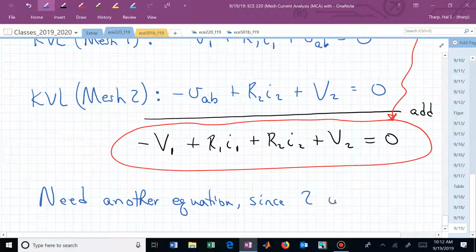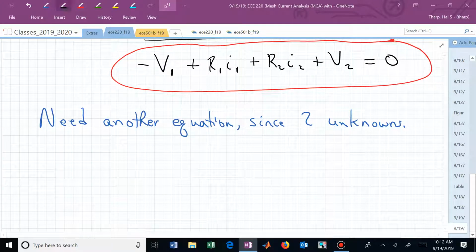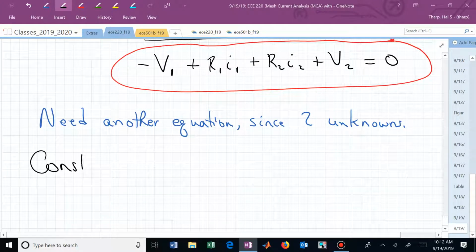Since I have two unknowns, I can actually write a relationship between that current source and my mesh currents, and that's the constraint equation.